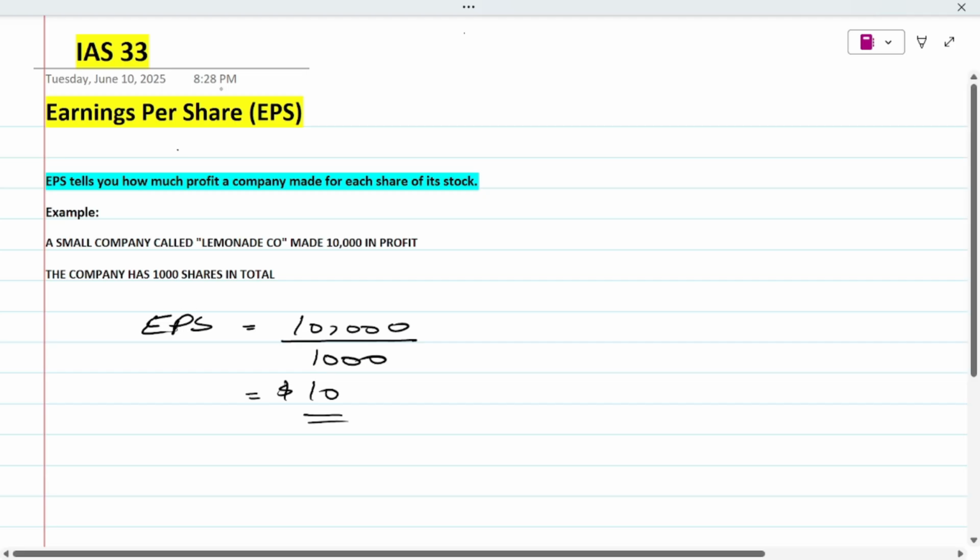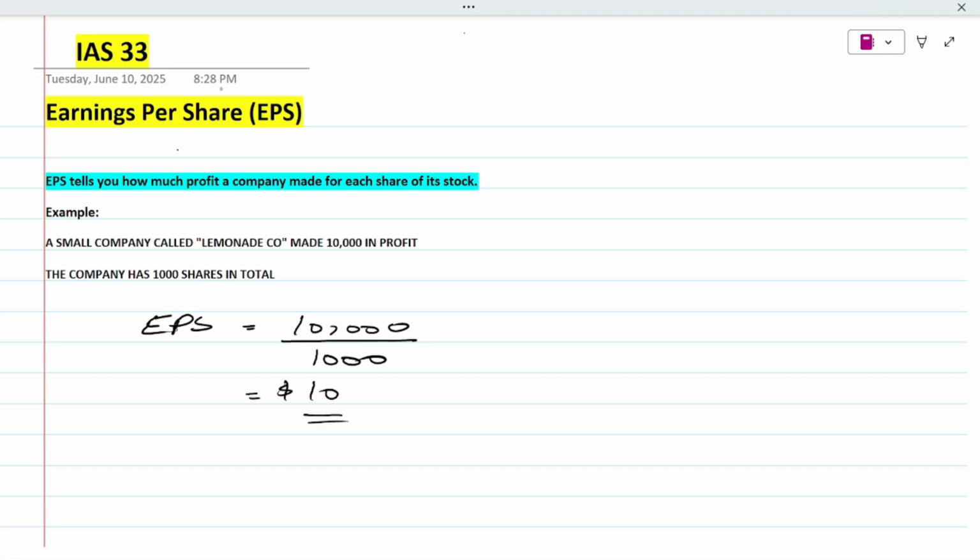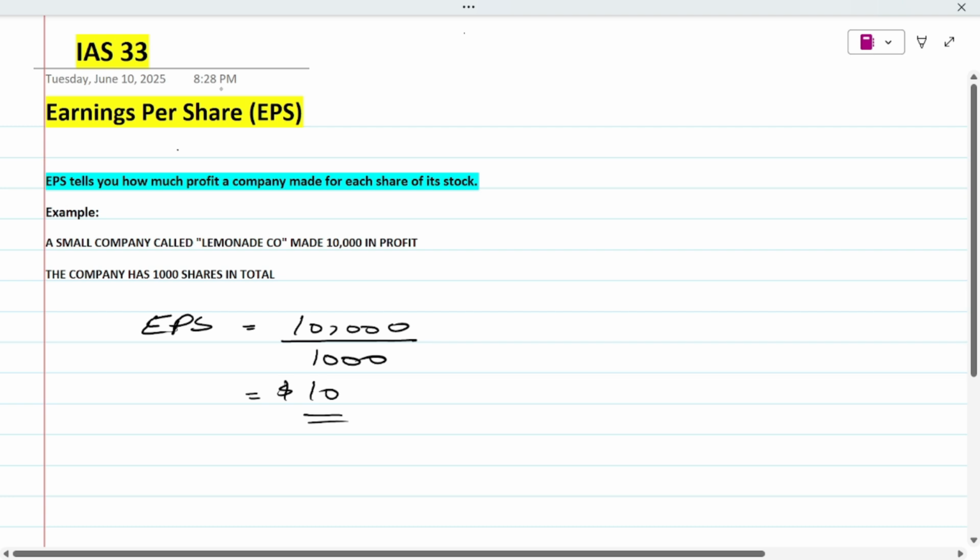Now, a very important thing to remember is that EPS has a direct impact on the market price of the share. For example, assume there are two companies, company A and company B. Company A has an EPS of $10, as you can see on the screen, the Lemonade Company for example. And let's say there's another company, company B, and it has an EPS of $15.